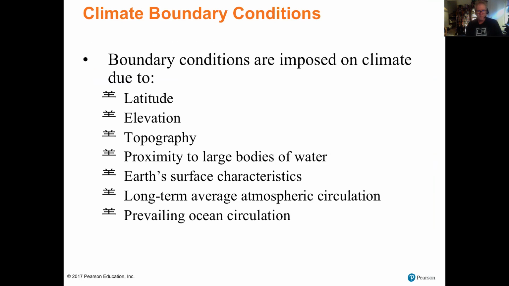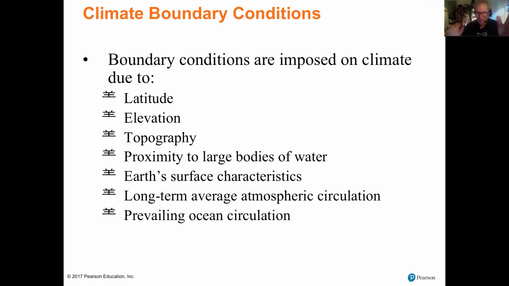Now, what we have are climate boundary conditions, and those are the conditions that create these different climate regions. These are the things that influence that. Latitude is the main one. The further away we get from the equator, the colder the temperature. Elevation, the higher up you are, the lower the temperature.